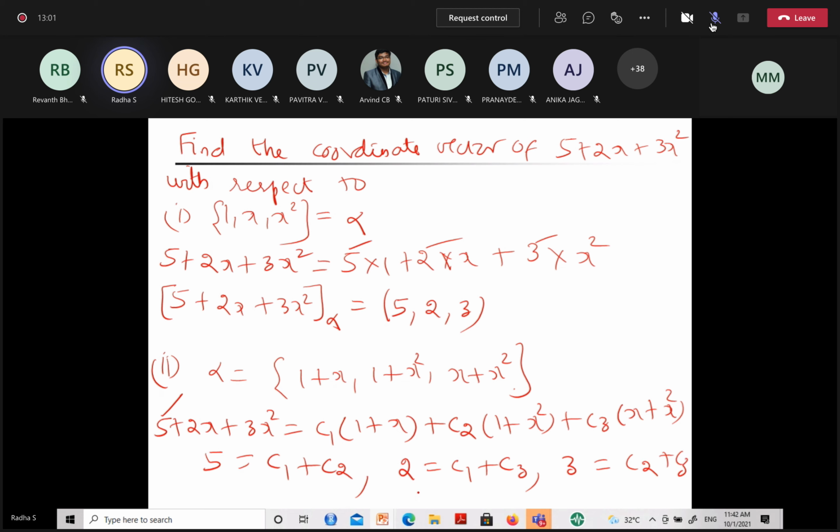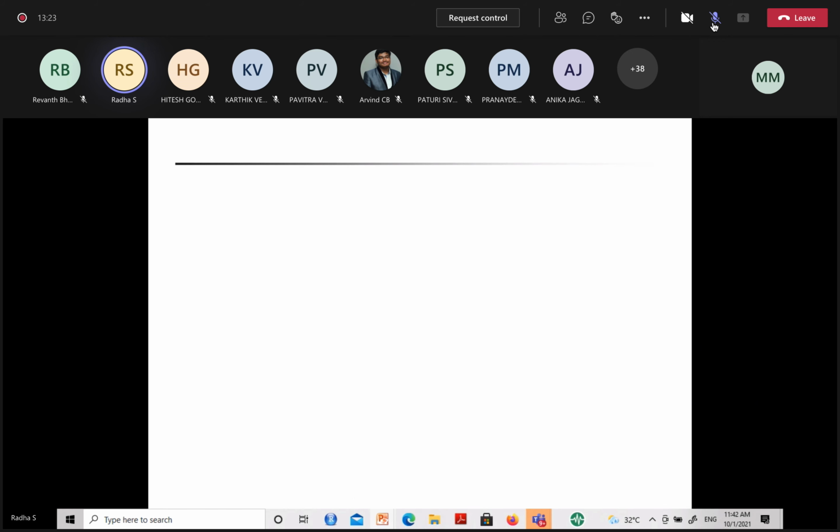So what I can do is, from here I can find C1 equal to 2 minus C3. And from here, C2 is equal to 3 minus C3. So both I have found in terms of C3. Now I'll substitute that in the first equation.